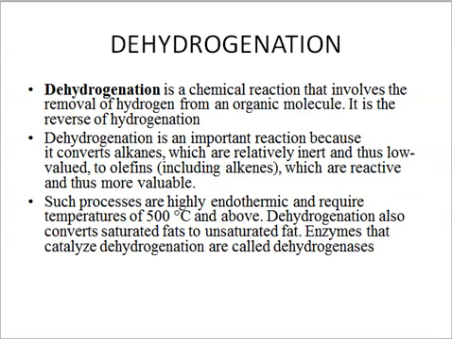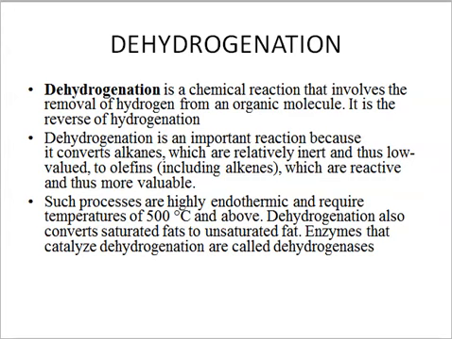Dehydrogenation is very important because it converts alkanes into alkenes or olefins. Why is it important? Because alkanes are relatively inert and have low value, but if we can convert alkanes into alkenes, which are reactive, we can make many more things from alkenes than from alkanes.